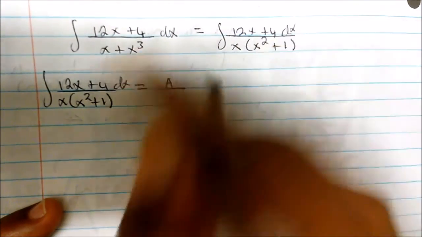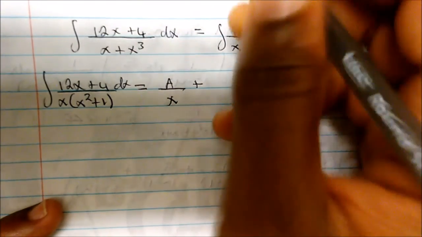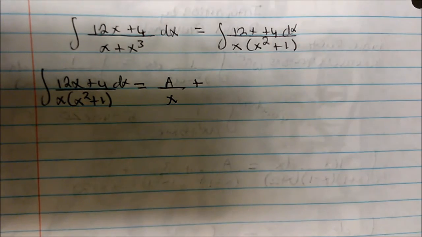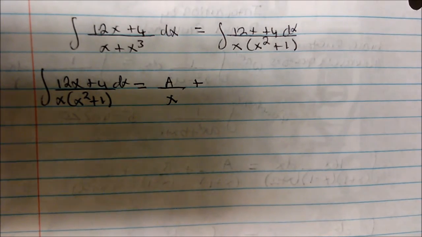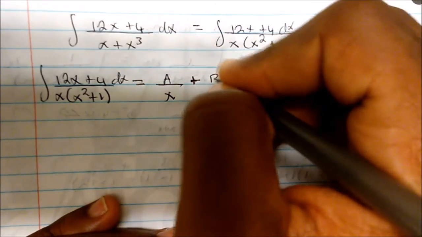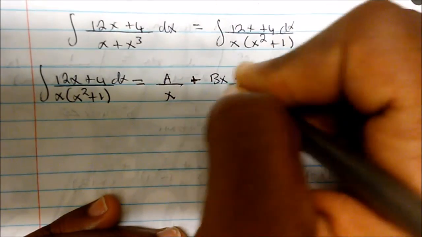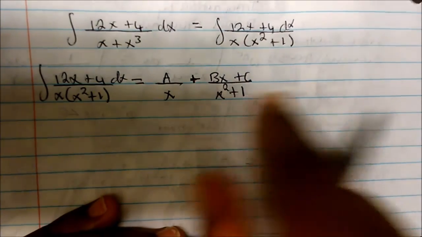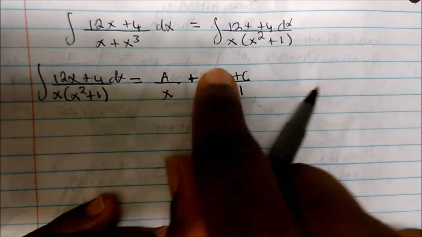And I could factor this into now A over x, because x is linear, plus, now whenever you have quadratic factors, here's the idea, you want to keep it in this form. I've already written A, so I'm not going to use A again, so this becomes Bx plus C over x squared plus 1. Okay, this is how we'd actually decompose it.